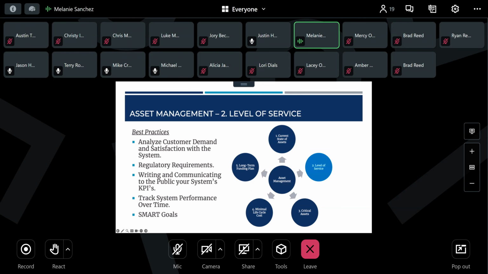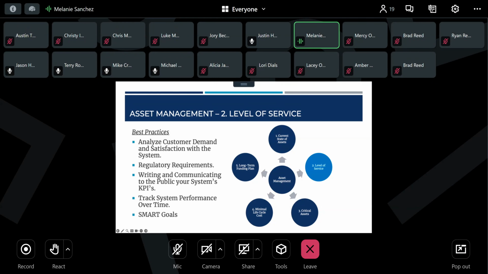So some best practices are analyzing both current and anticipated customer demand, and gauging their satisfaction with the system. Another thing is having a solid understanding of current and expected regulatory requirements that you have to meet, and you want to equip teams with the skills and knowledge required to achieve those requirements.